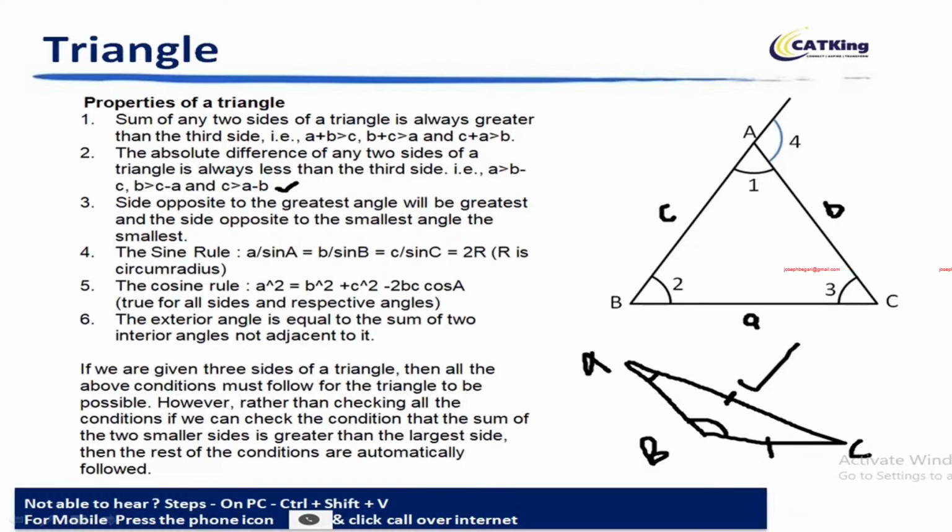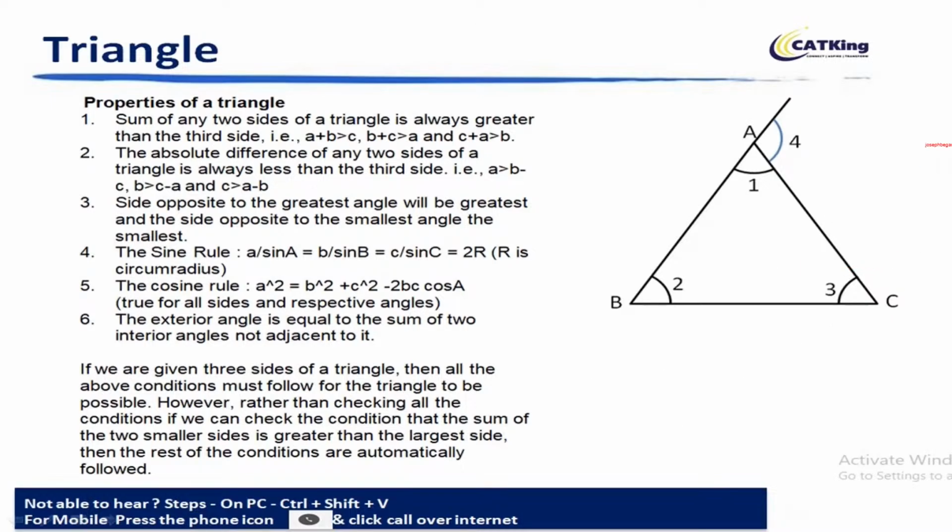Property number 4 is also known as the sine rule, and it states that A upon sine of angle A is equal to B upon sine of angle B is equal to C upon sine of angle C, and these three ratios are also equal to twice the circumradius.